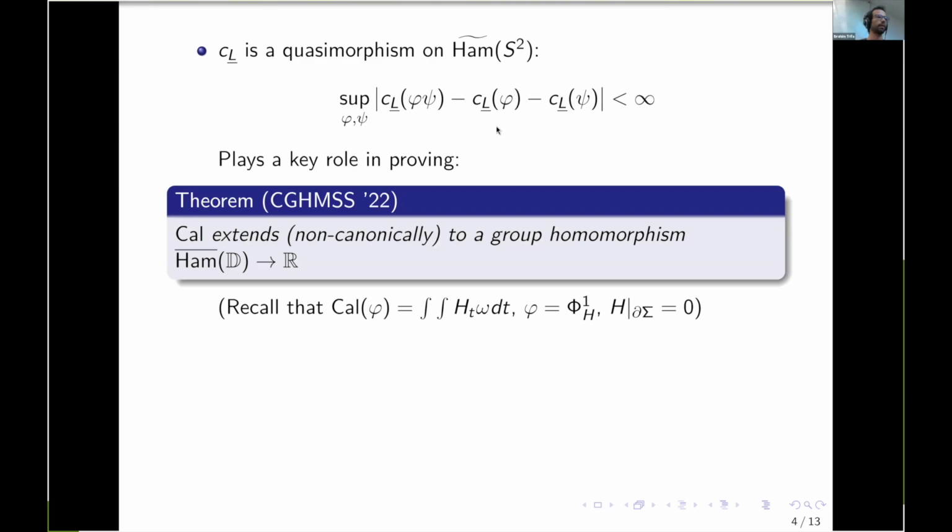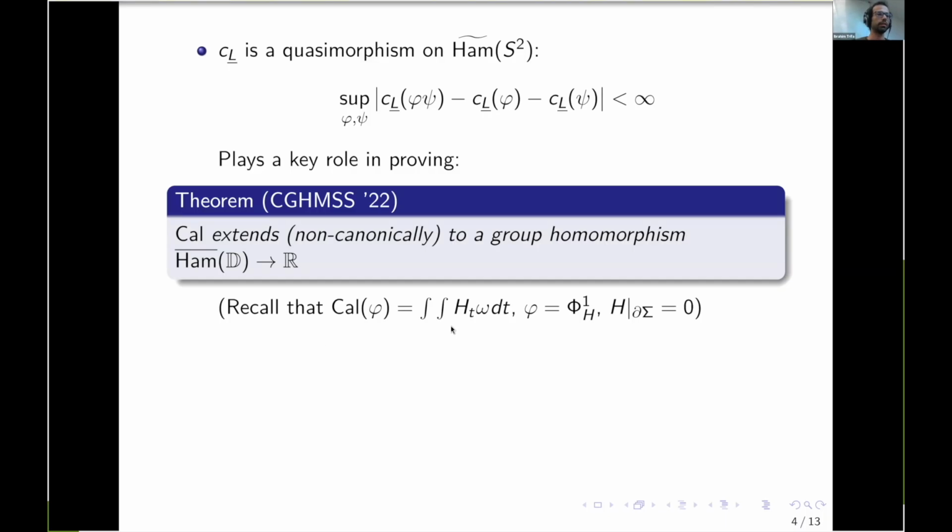With this quasimorphism property, they managed to show that the Calabi homomorphism extends to a group homomorphism from Ham bar of the disk to the real line. Here I recall the definition of the Calabi homomorphism.